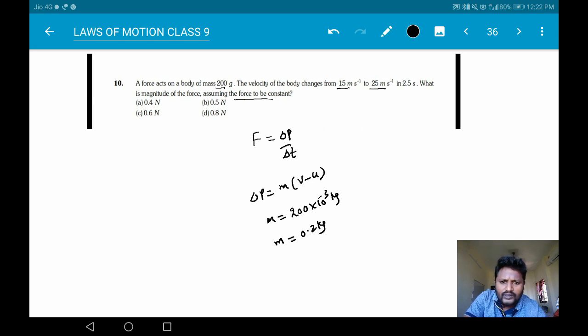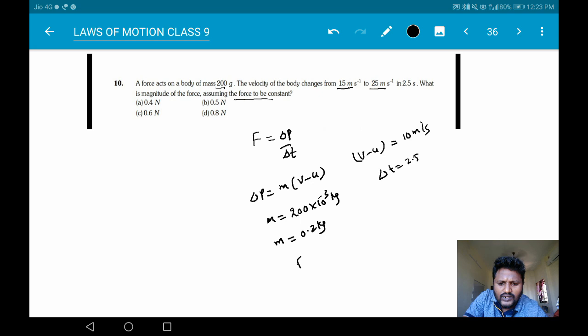Okay, so the body changes its velocity, m into v minus u, and delta t. So substitute the values. V minus u is what? We are going to get 10 meter per second, and interaction time will be 2.5.